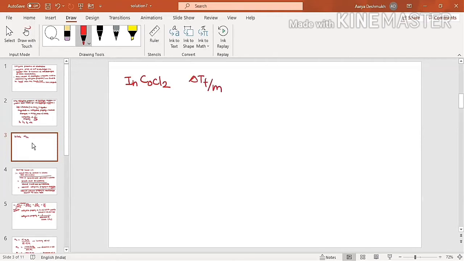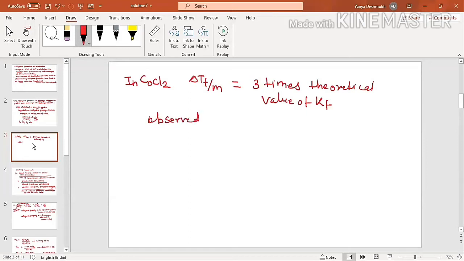When it dissociates, it produces 3 times the theoretical value of Kf. The observed molar mass for this cobalt chloride would be almost 1/3.